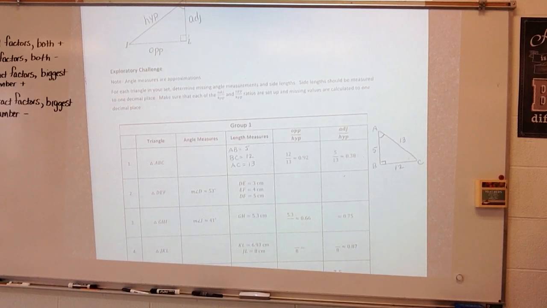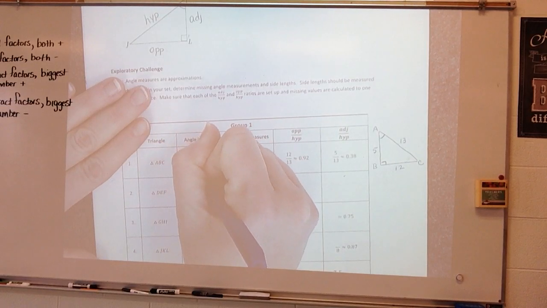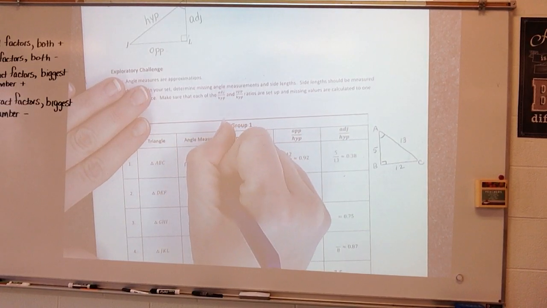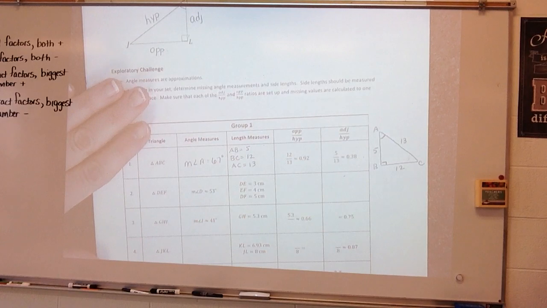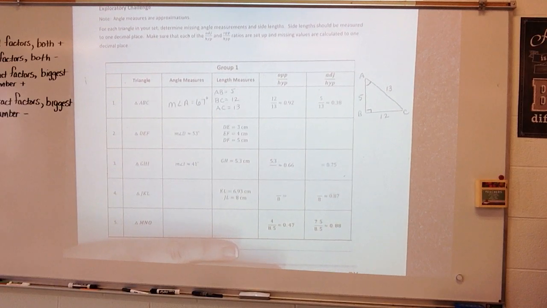All right. Triangle ABC, the measure of angle A is 67 degrees. We will come back to how we figure this out in just a little bit. We'll talk about how to do that.